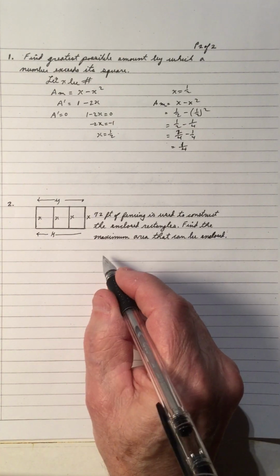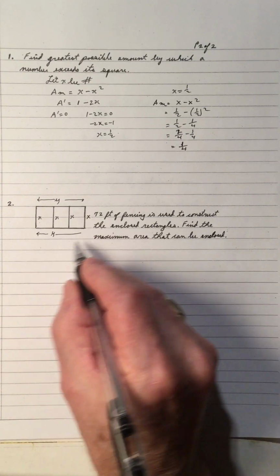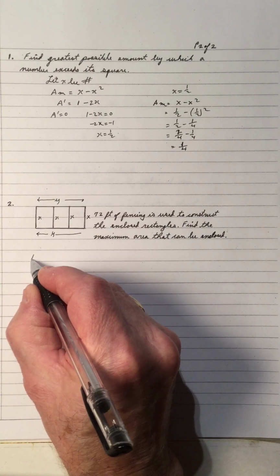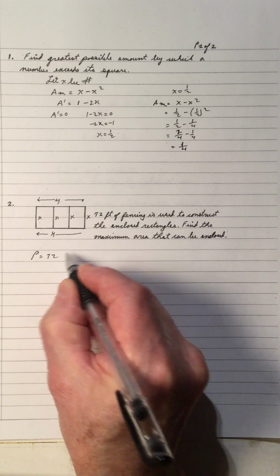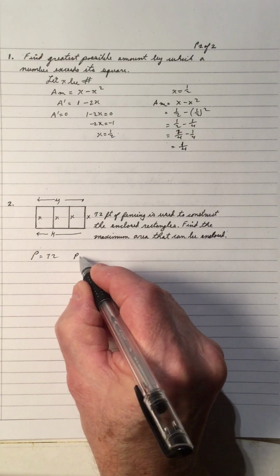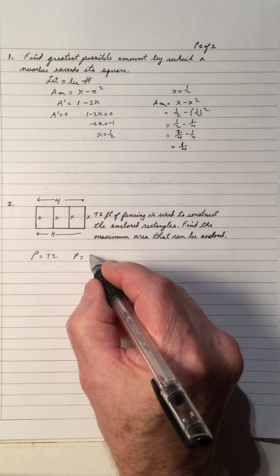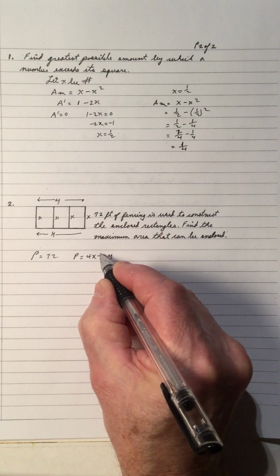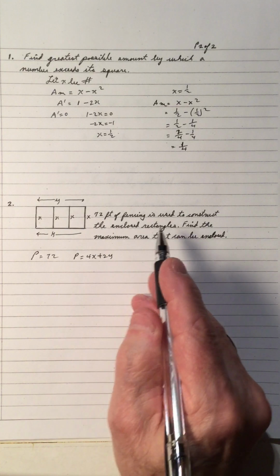Let's look at the perimeter first. The perimeter, P, is 72 feet, and there are 4 x's and 2 y's, which is the total amount of fencing being used in each of these parts.